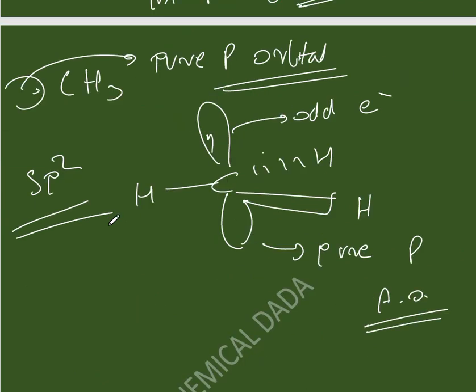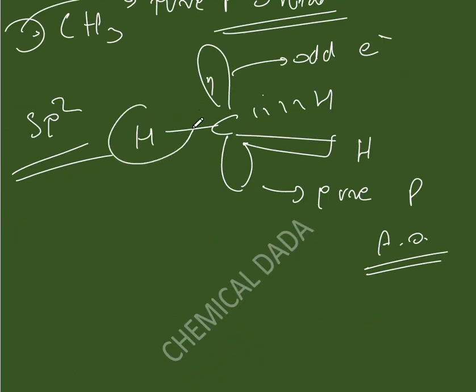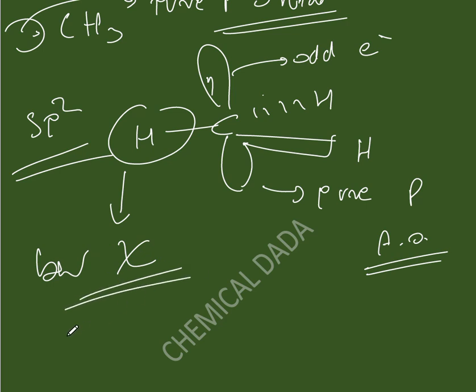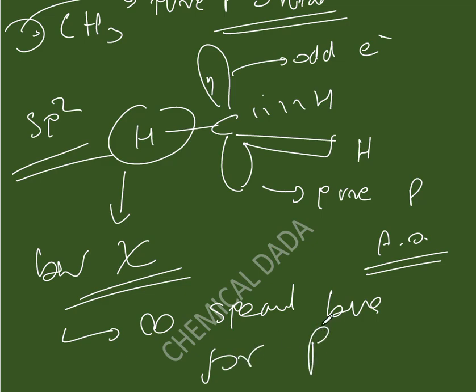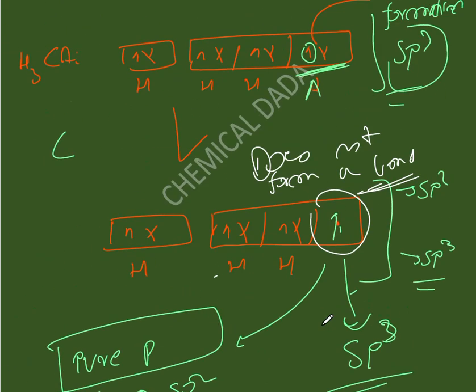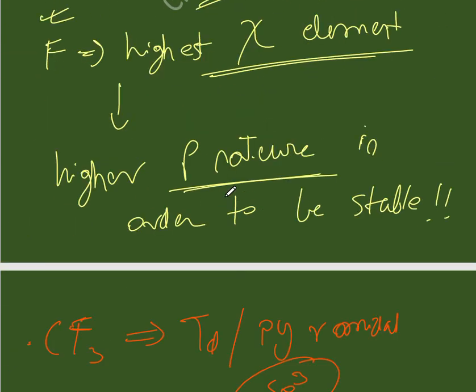And also hydrogen being the substituent, it has a very low electronegativity and it has no special love for p like fluorine has. We have already seen that fluorine has a very soft corner for the p orbital because it is highly electronegative and prefers a p orbital to form a bond with.